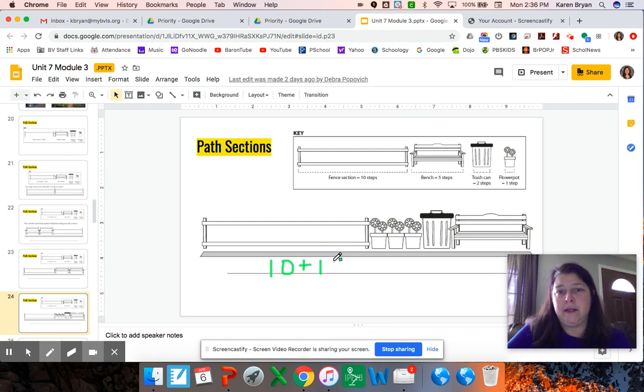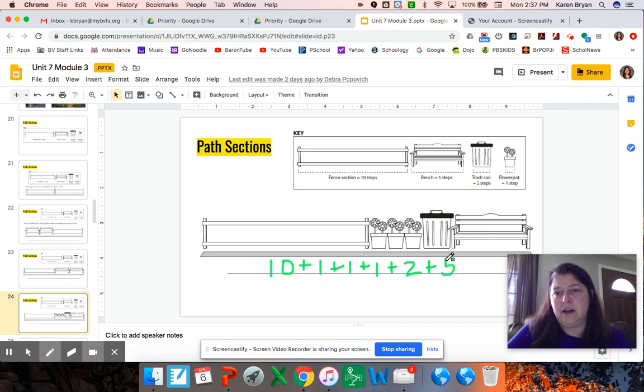So 1 plus 1 plus 1, and we've taken care of all the flower pots. Now we're to the trash can. Remember that trash can was added today, and if we go up to our key, we can see that it's worth 2 steps, and we still have another bench. That bench is worth 5.